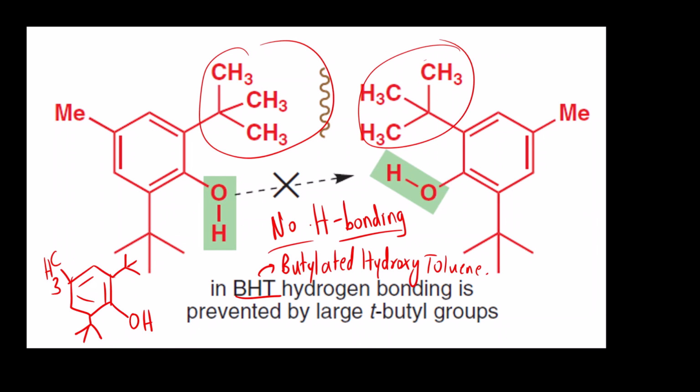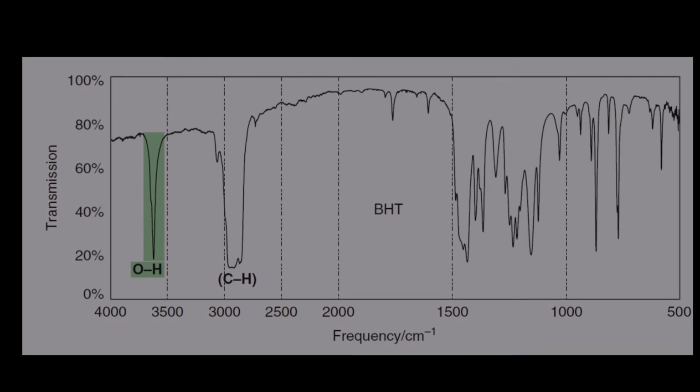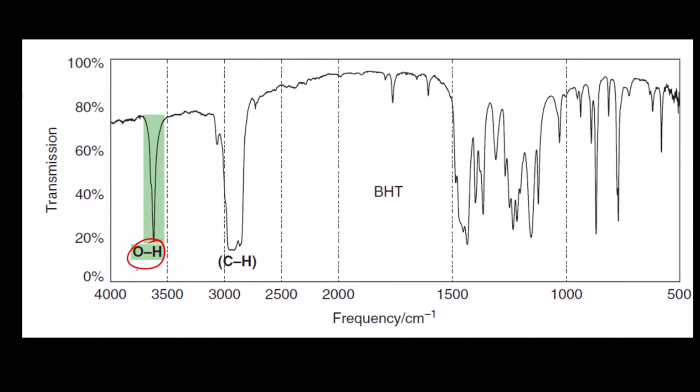We had learned the types of strain, steric strain or van der Waals strain. So the OH bond is stronger. You can see the peak of OH is seen at 3600, and you can notice it is a sharp peak. So always remember, whenever for an alcohol you get a sharp peak at 3600, you have to understand that no hydrogen bonding is taking place.